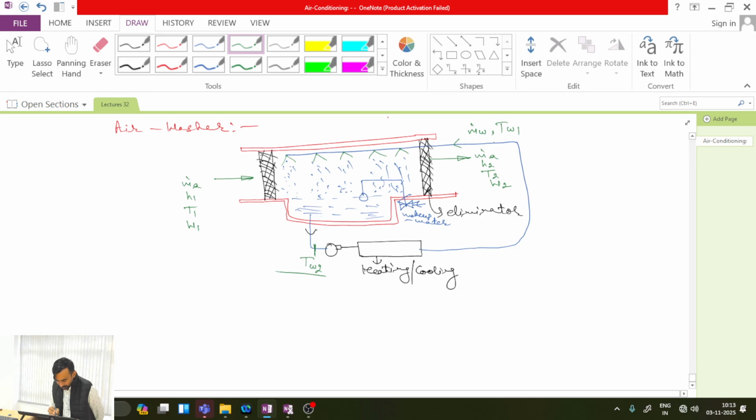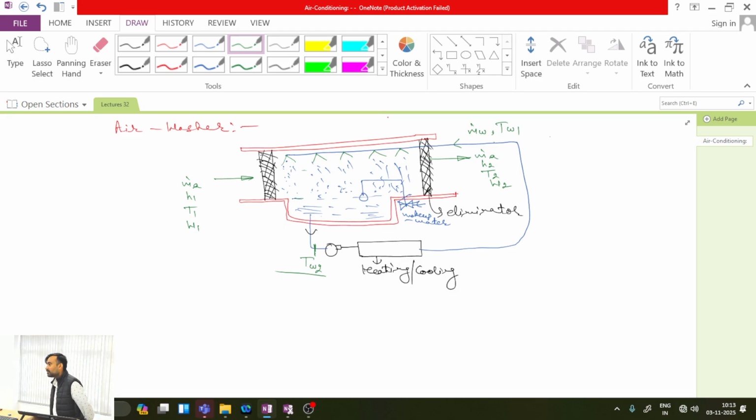And you can also see that if the air washer is of infinite size, then the air at the exit must be nothing but saturated air. Is this point clear?